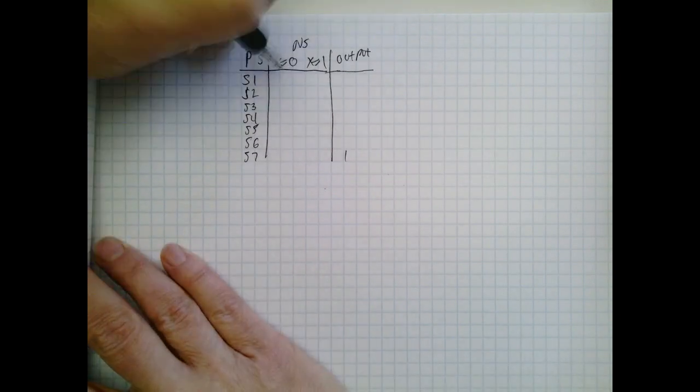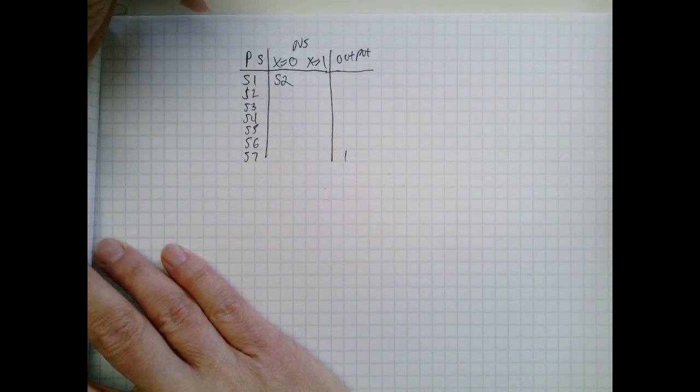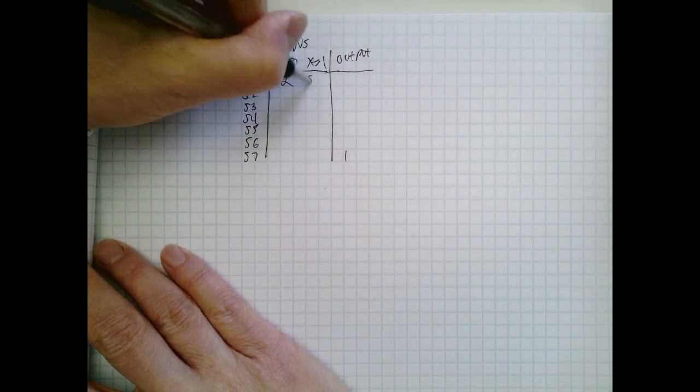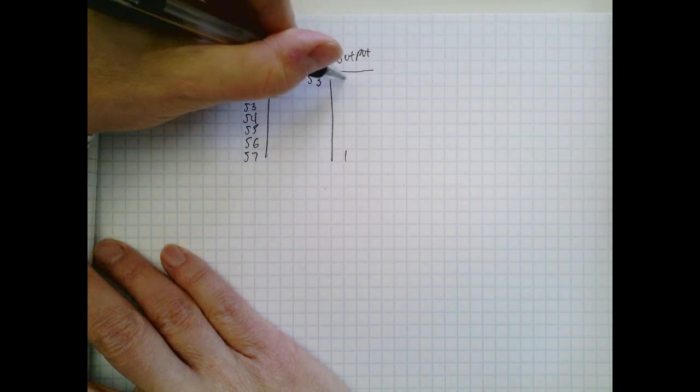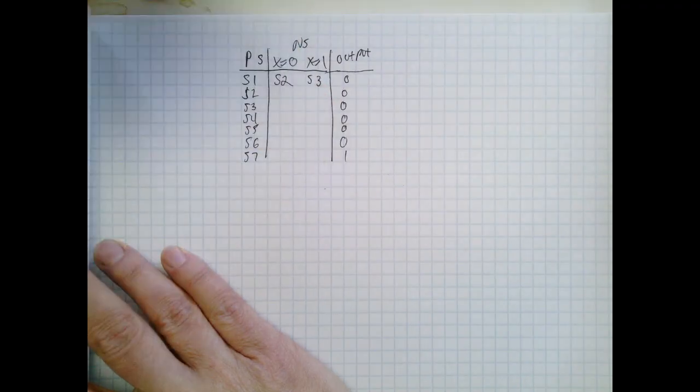That's better. So if you're in state 1 and you get a 0, next state is S2. This is easier, right? Because you don't have to try and follow through the spaghetti. If you're in state 1 and you get a 1, next state is S3. Outputs are always going to be 0, except in state 7.